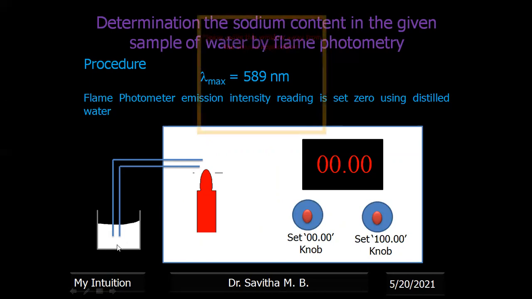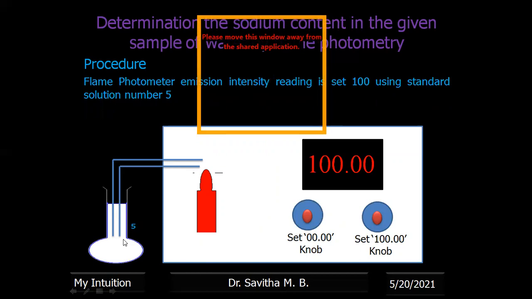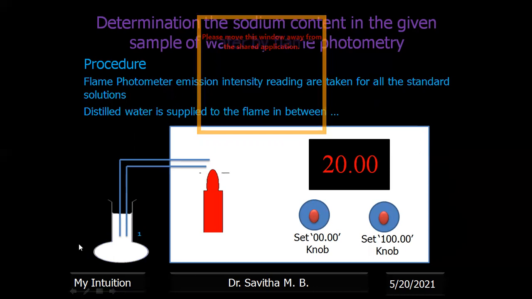Now let us take the fifth sample. The most concentrated sample will be aspirated first and the reading is set to the maximum, 100. Then the first solution is aspirated and the reading is noted down.